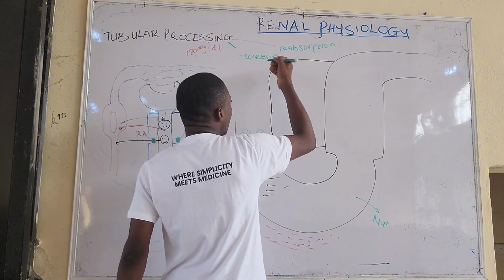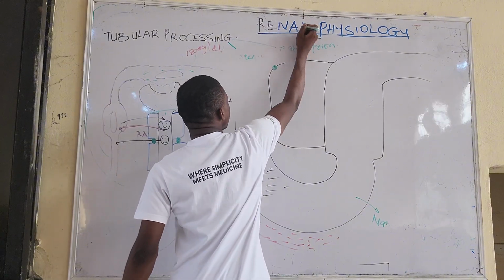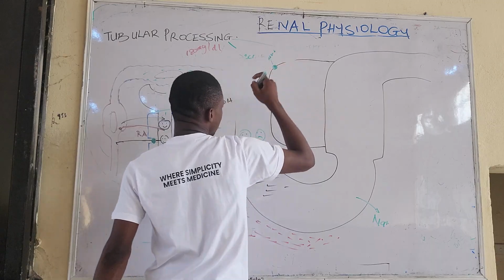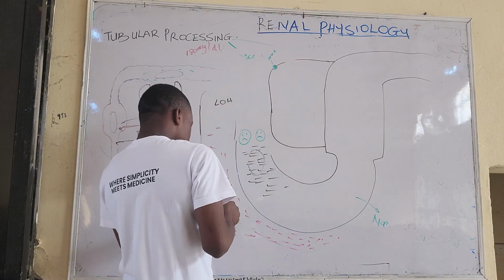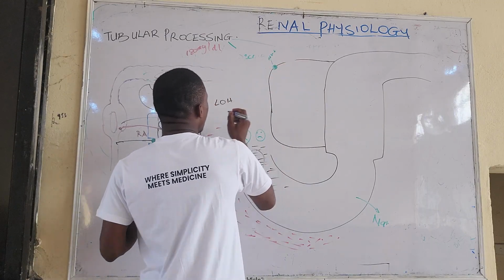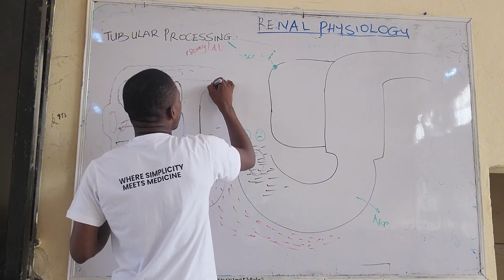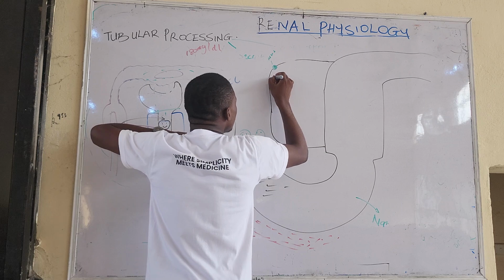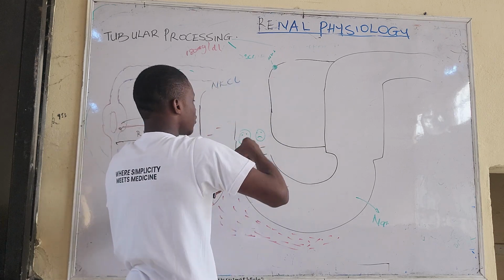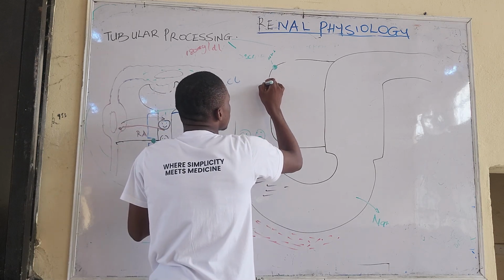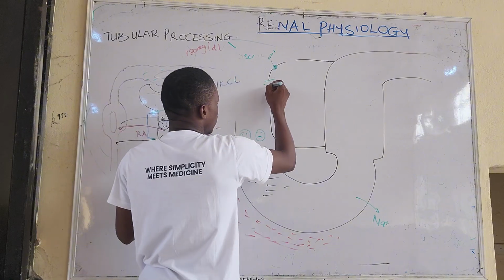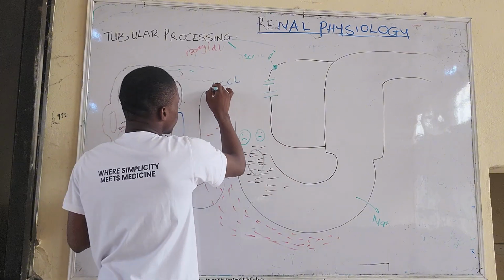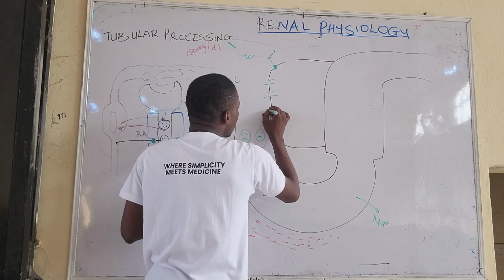On the basolateral side, it has the sodium potassium ATPase pump. This green, that's the sodium potassium ATPase pump. Apart from this green, it also has one more thing. We call it NKCl. It means sodium, potassium, chloride.